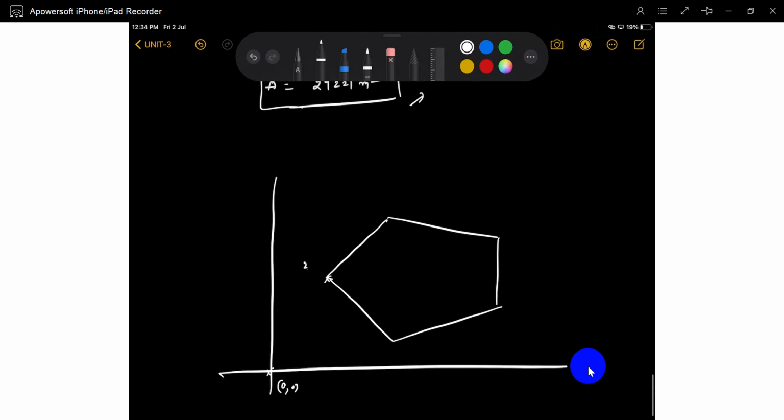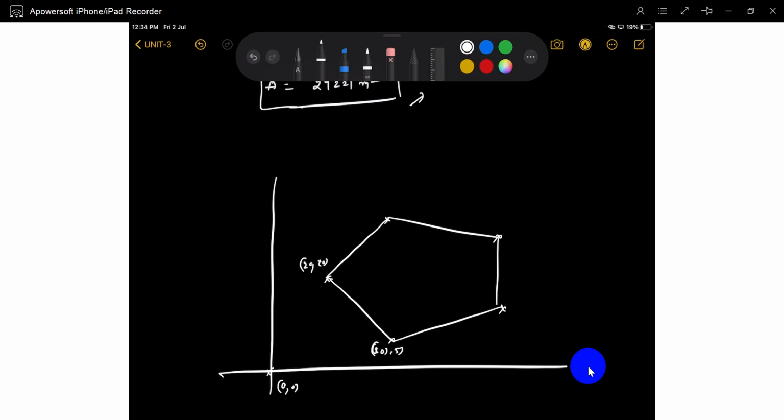This point is 20, 10. This point has x as some 35. If you know the coordinates of every corner point, every apex point, can you find out the area?